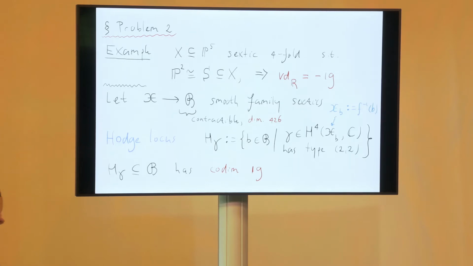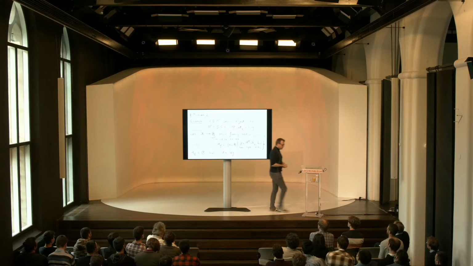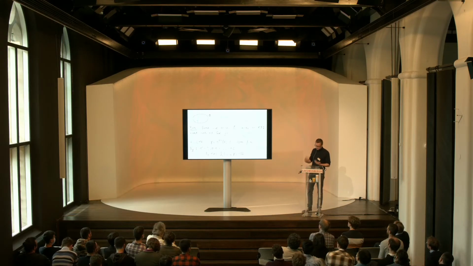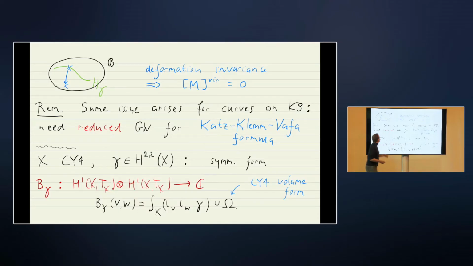And this tells you immediately that you should expect your invariants to be 0, because if you start with the Borisov-Joyce-Oh-Thomas virtual cycle on the Hodge locus, it's an invariant, so you should also be able to get the same answer. You will get the same answer if you deform off the Hodge locus, but off the Hodge locus, the moduli space is empty, so the cycle is 0.